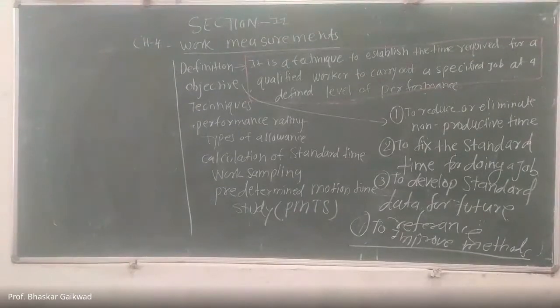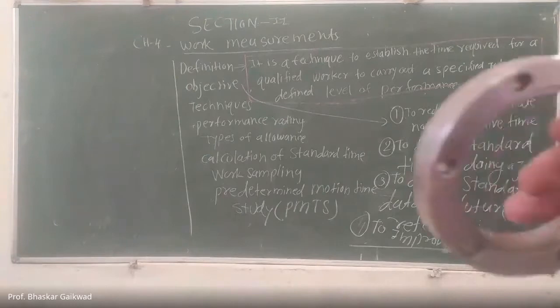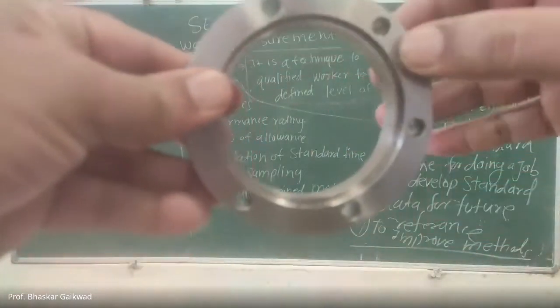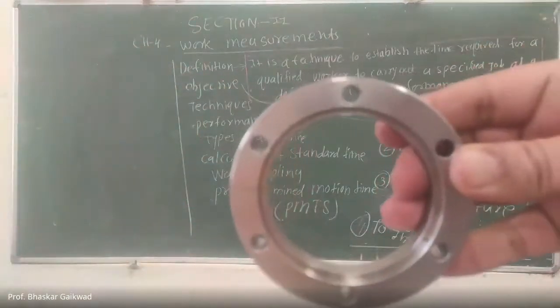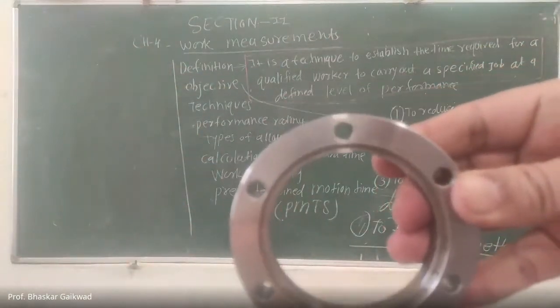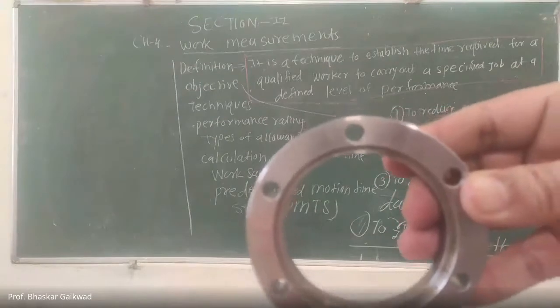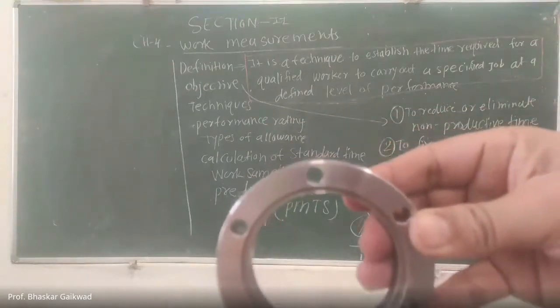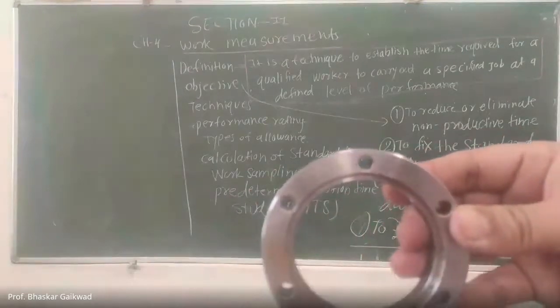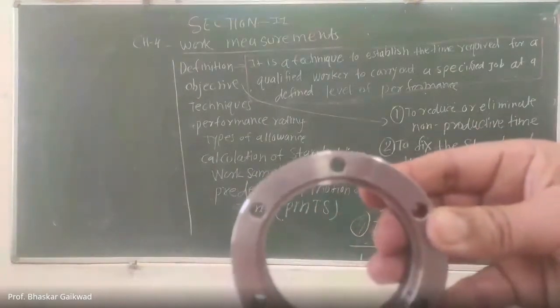Now you can see that on our VMC machines, to manufacture these holes, these small holes are there having 82 PCD and hole diameter 7. In order to get accurate pitch circle diameter of these holes and diameter of the hole, we have made one jig on the VMC machine.